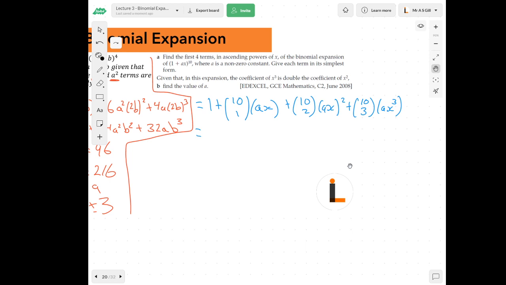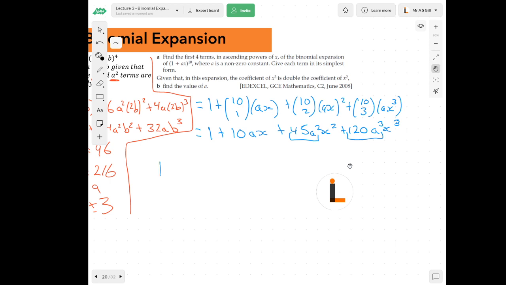Then we need to simplify. So this is going to be 1 plus 10ax plus 45a squared x squared plus 120a cubed x cubed. Okay, so we've got our expansion there. And then it says, given in this expansion the coefficient of x cubed is double the coefficient of x squared, find the value of a.